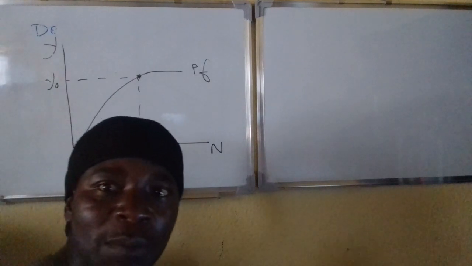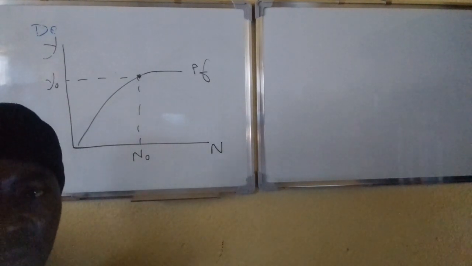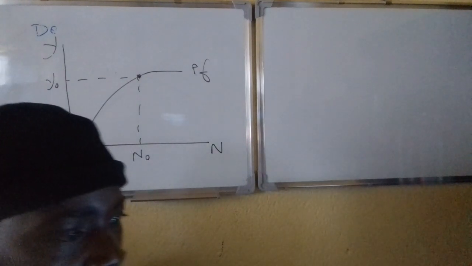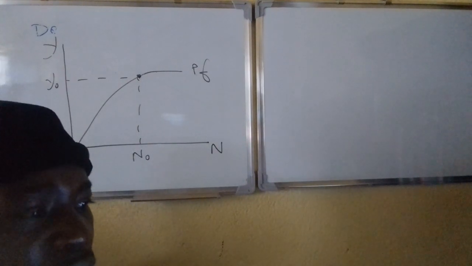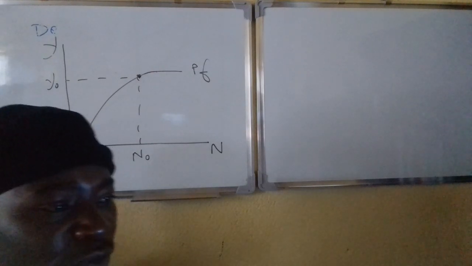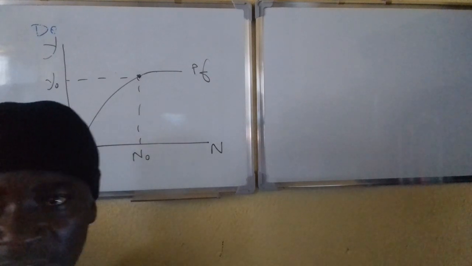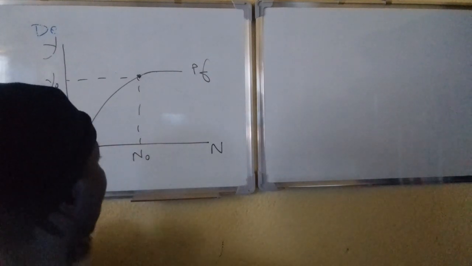My power just went off, so it has become dark, but as long as the board is clear, it's fine. And then you need to know the problems associated with GDP as a measure of total production in the economy. You also need to master the business cycle. We did the business cycle in study unit 1. You know the business cycle will always be there in the exam and assignments.